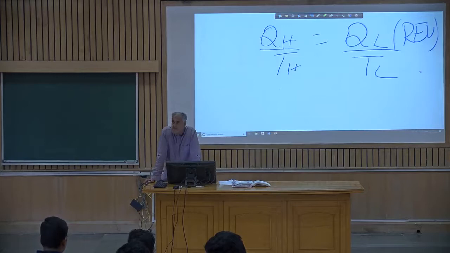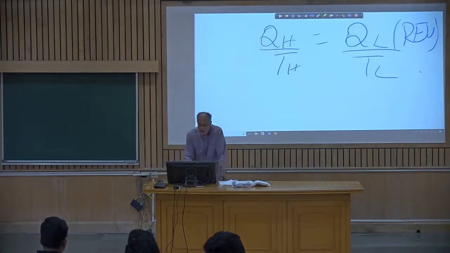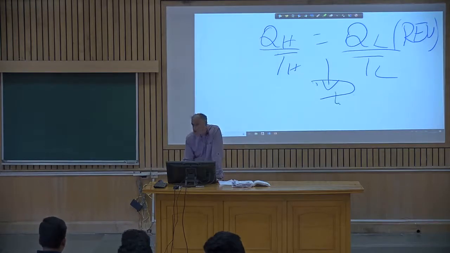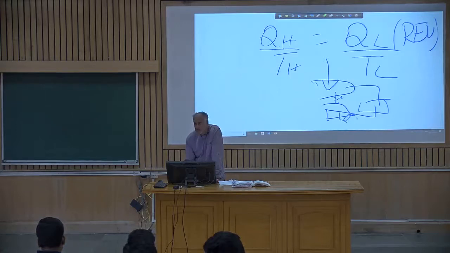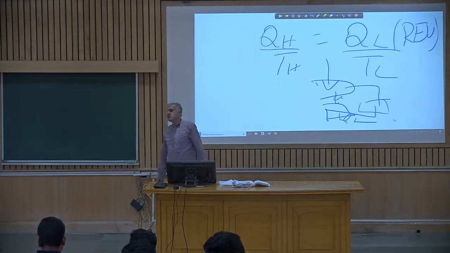So you have to go back to this schematic only. I have a hot location, I'm supplying heat, correct? Then I get some work, and then I come to the cold location and I reject heat. Got it? That is the concept you have to use.